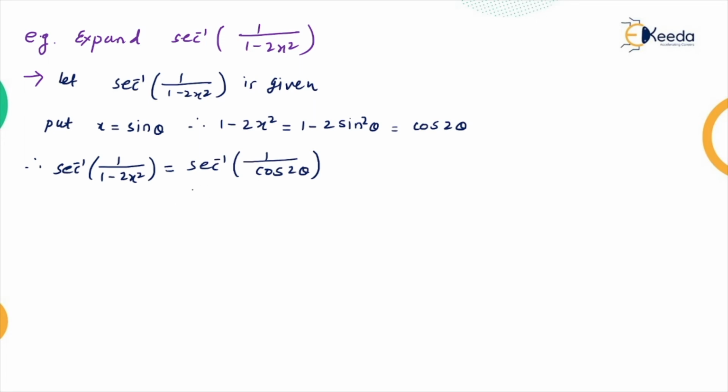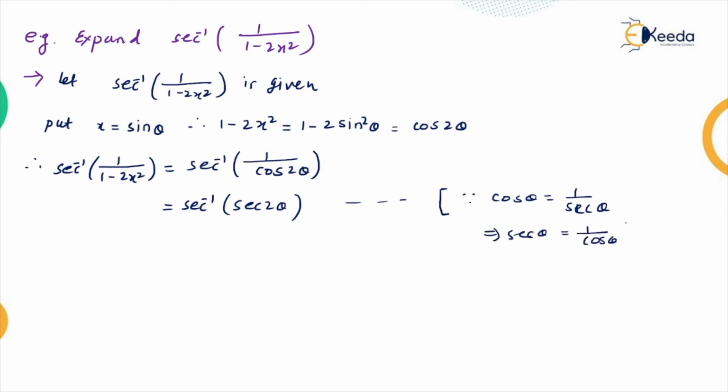After simplifying this, what do we get? 1 upon cos 2 theta is nothing but sec of 2 theta, because cos theta is 1 upon sec theta, which implies sec theta is 1 upon cos theta. So instead of 1 upon cos 2 theta, I write sec of 2 theta, guys.